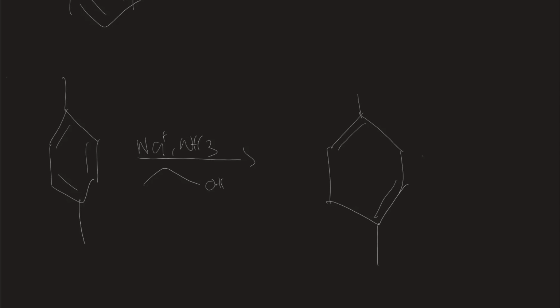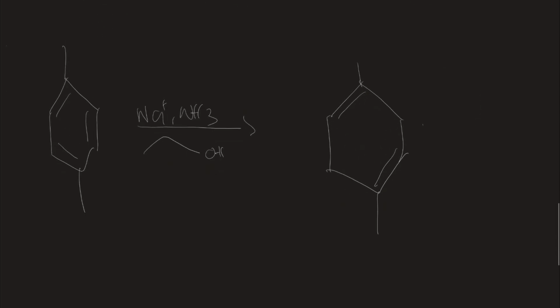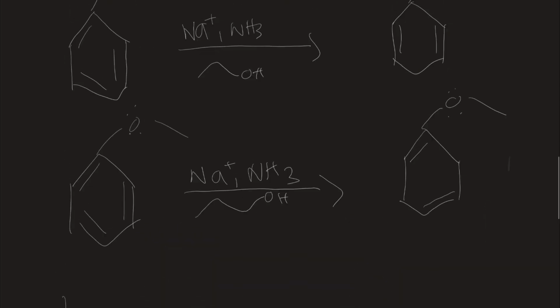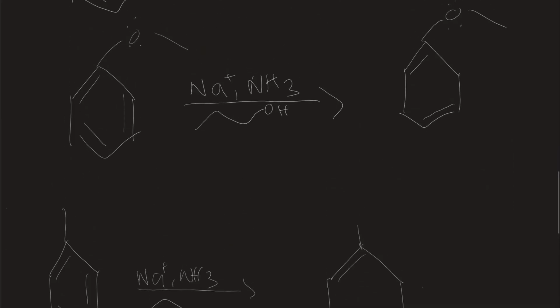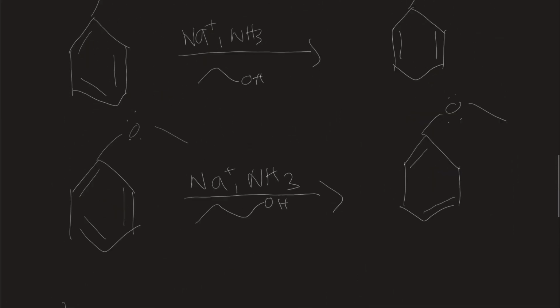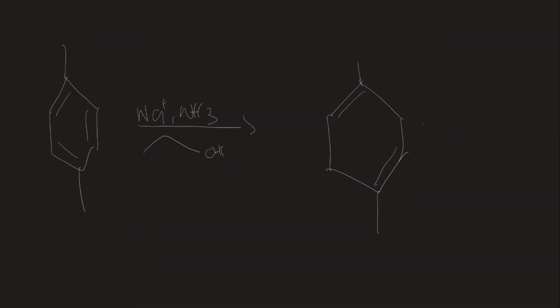If you have an electron donating group bonded to your ring, the carbon bonded to that substituent will not be reduced. And the reagents you'll be using in the Birch reduction will always be sodium, ammonia, and any type of alcohol whatsoever. And comparing the substituents from starting material to product, they always remain in the same place, always. And that's it.